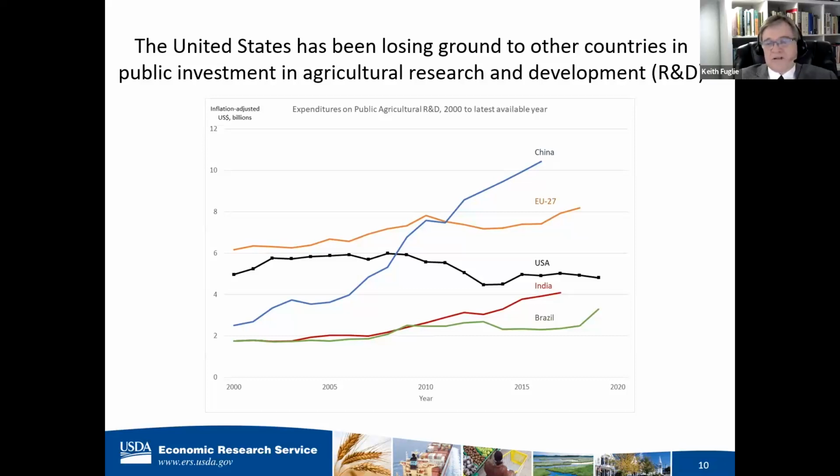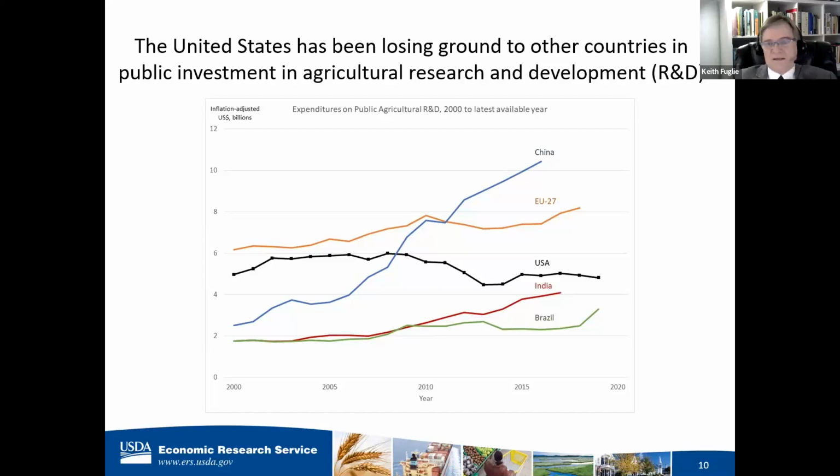At that time they looked like they were spending over $10 billion a year on agricultural R&D compared to $5 billion in the United States. Where our spending fell, other countries continued to increase their spending on agricultural R&D. Now, these 5 countries or groups of countries together account for, I think, about 60% of the total global agricultural output. So this is a big share of what's going on globally.